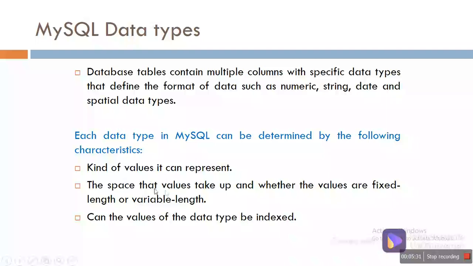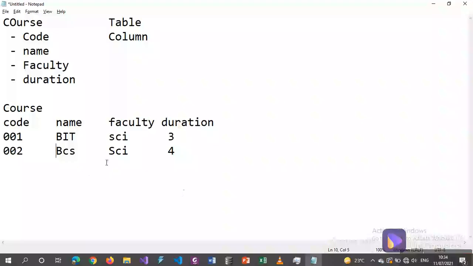And then also the space that all those values take up, and whether the values are fixed length or variable length. What I mean by this is, when you look at code, the number of characters you need for code may not be the same number you may need for a faculty, because a faculty could be management, or social works and arts.